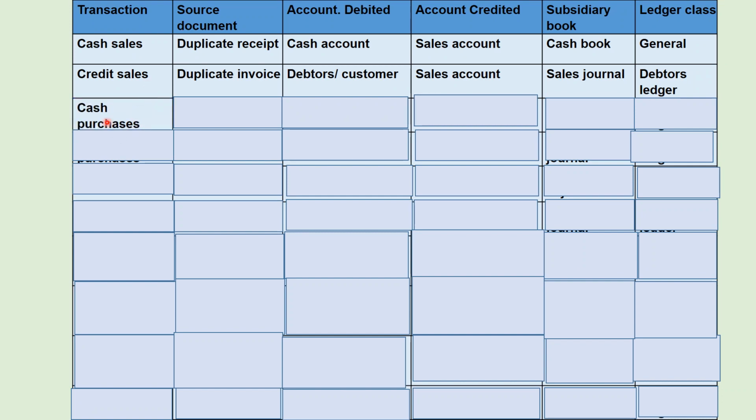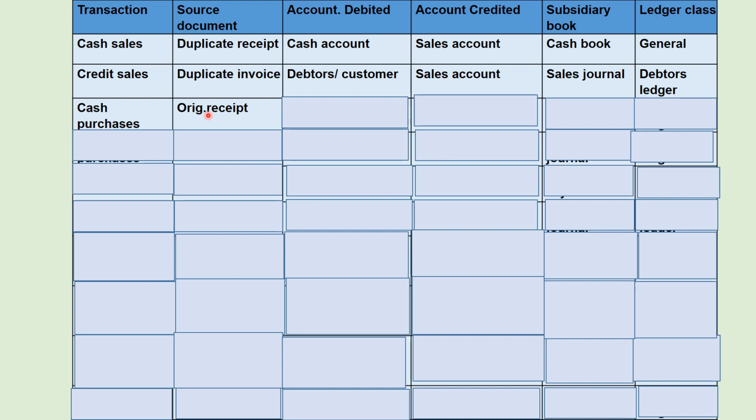The third transaction is cash purchases, where you buy things on cash. So in this case, you are going to receive the original receipt.